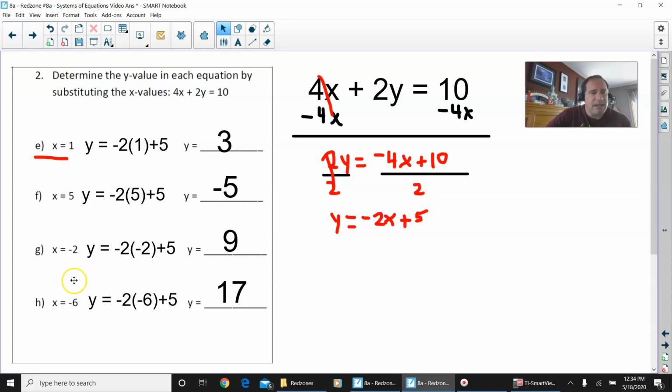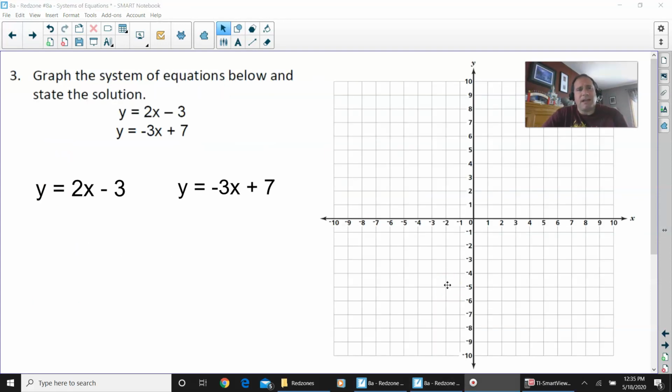And then for H, I substituted this -6 in for x. Negative times negative is positive. That's 12 plus 5 equals 17. Again, use your calculator every step of the way, just showing what you are substituting in for your work, and you'll be good enough.